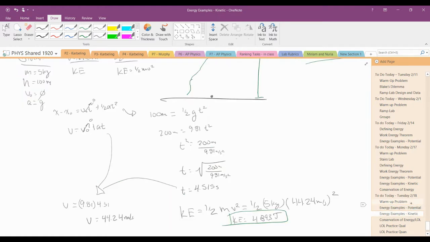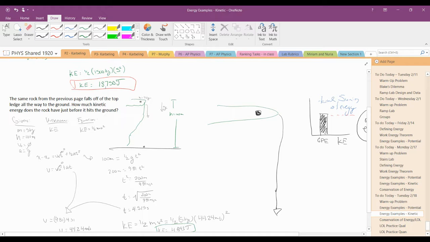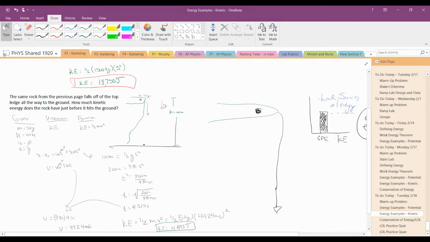So there's a link between the gravitational potential energy at the top and the kinetic energy at the bottom. All of the potential energy at the top is being transferred into kinetic energy when it reaches the bottom.